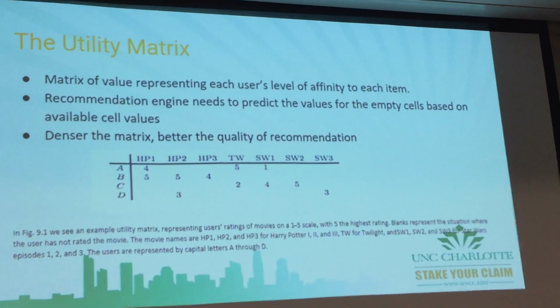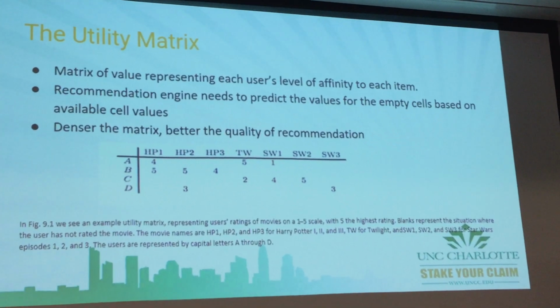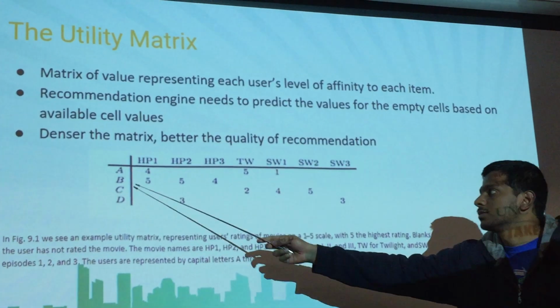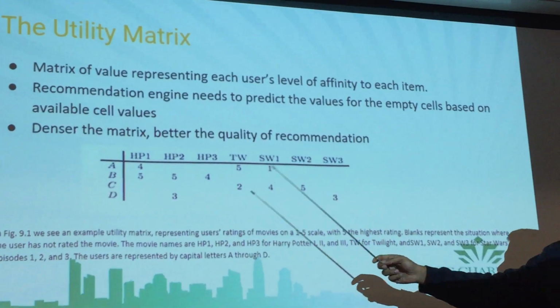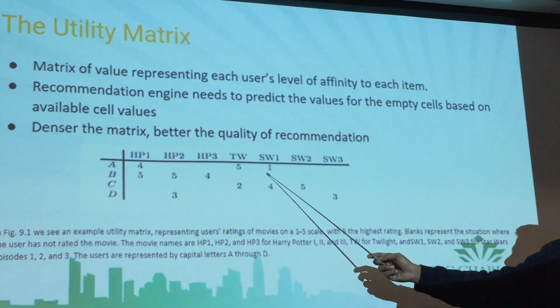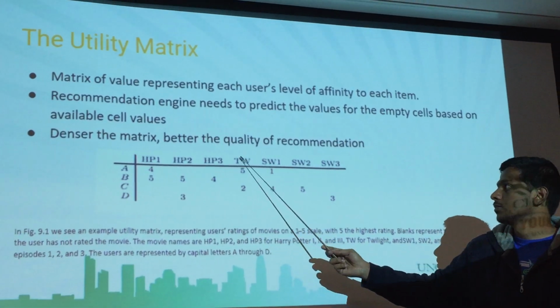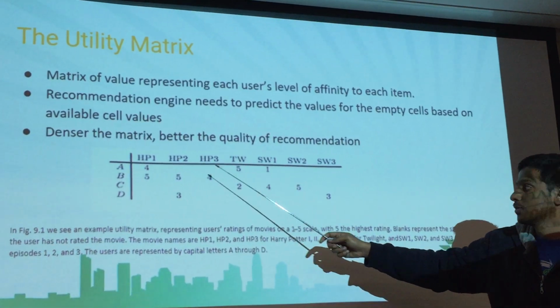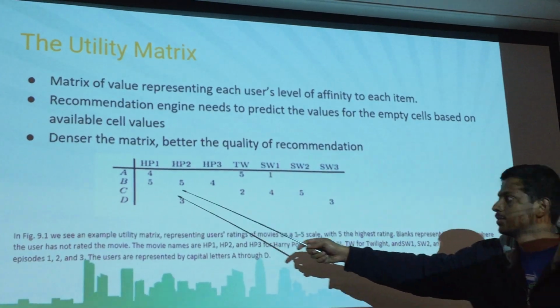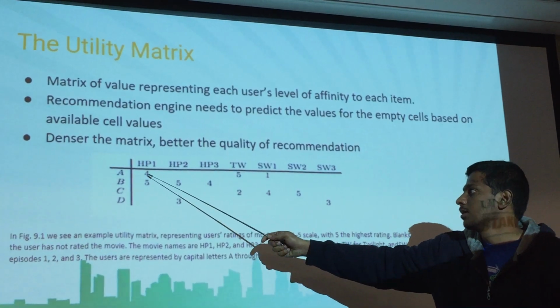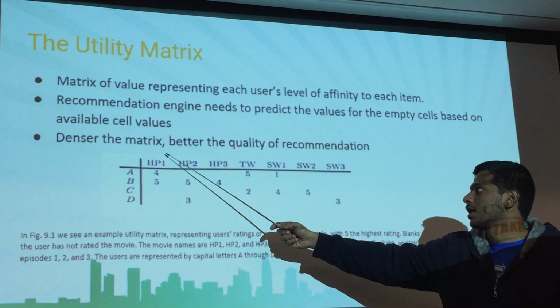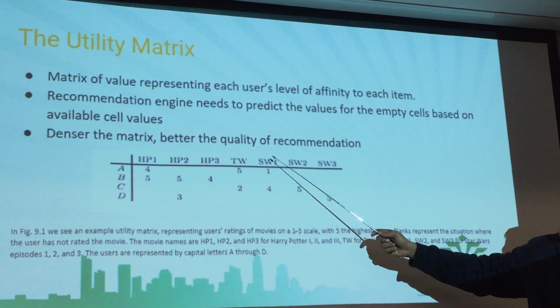Coming to the next slide, as I said, there's a utility matrix where you think of these as users and these as items. These represent the affinity of a user based on the items. He has 4 affinity for this item, 5 for this, and 1 for this.